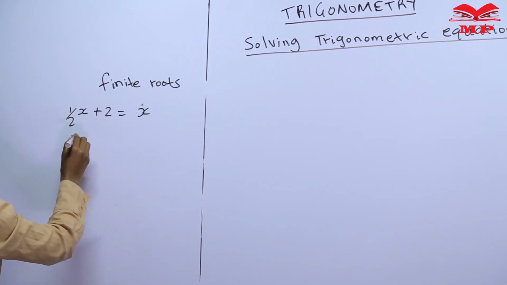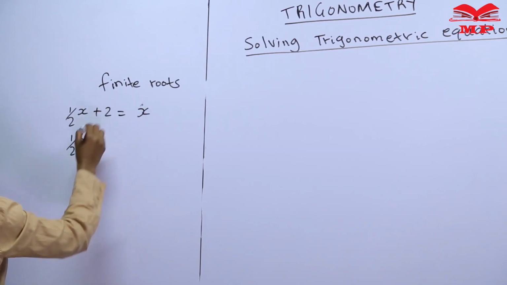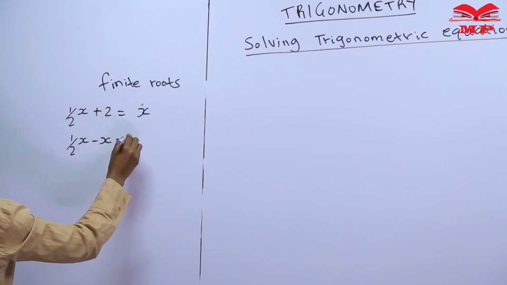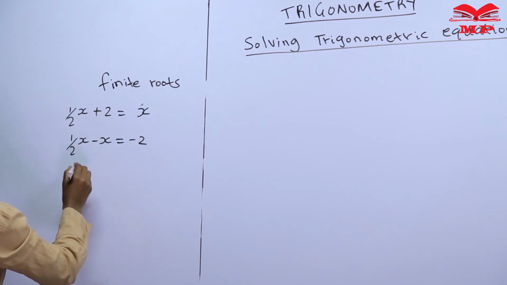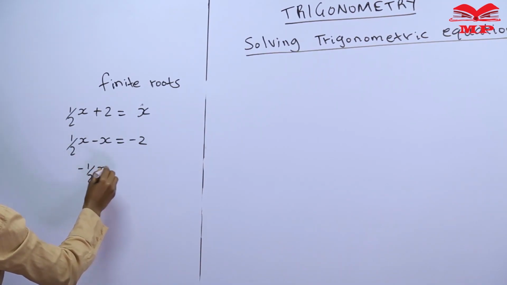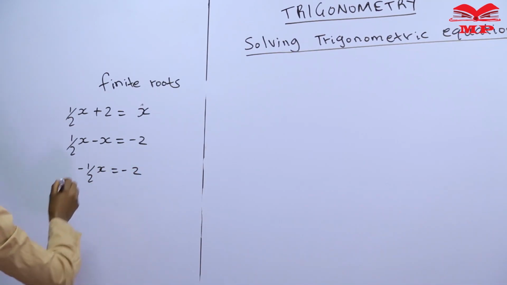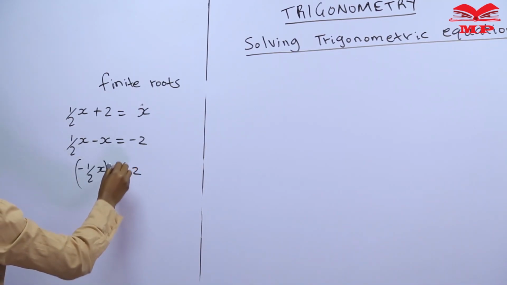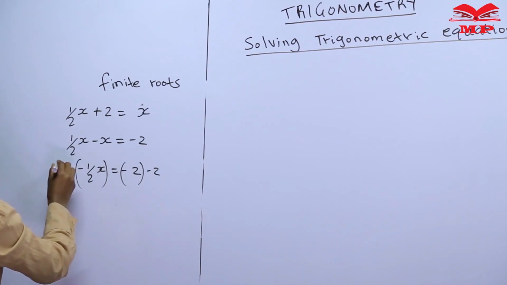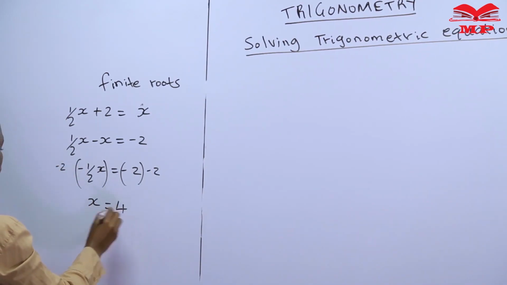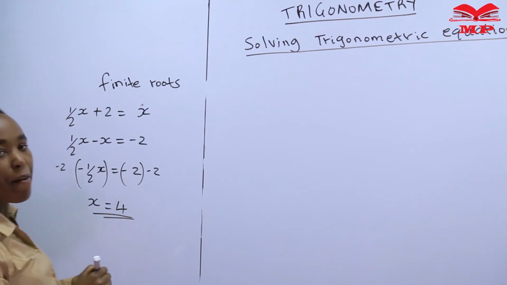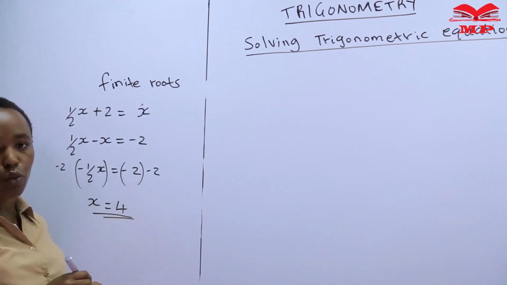We take x to the other side: a half x minus x is equal to negative 2. Therefore negative a half x is equal to negative 2. So we multiply both sides by negative 2, and we have x is equal to 4. You can see we have a finite root, x is equal to 4.